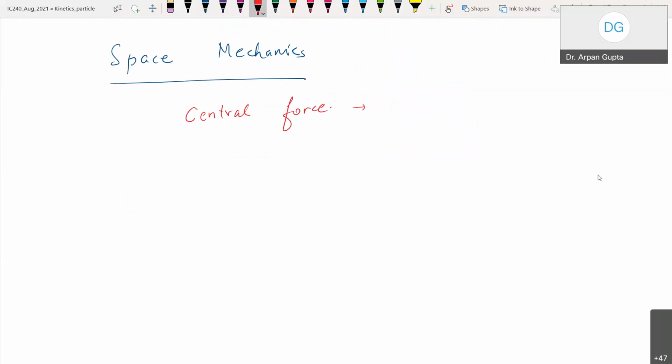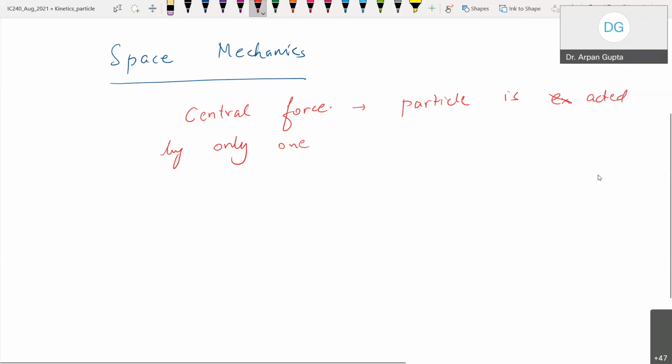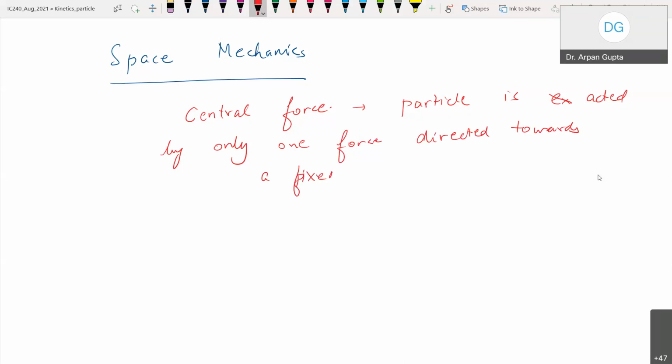Central force means the particle is acted upon by only one force directed towards a fixed point, let's say point O.